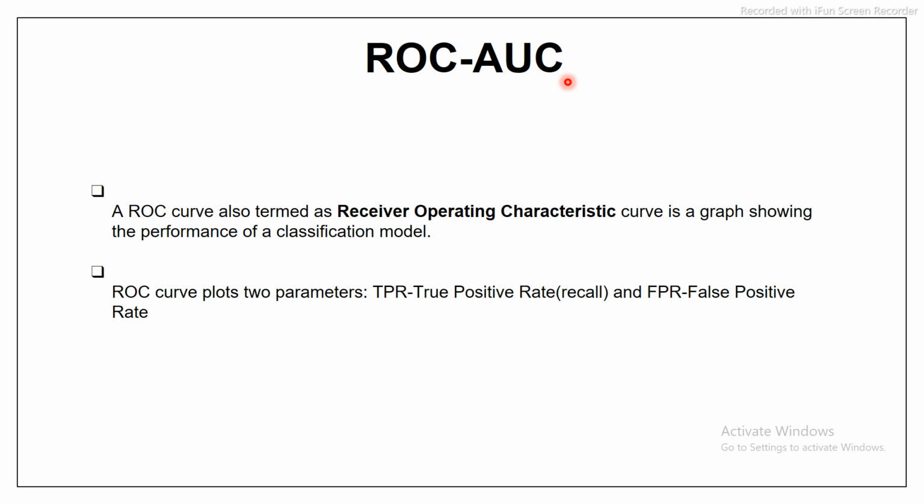ROC curves plot two parameters, true positive rate and false positive rate. So it's a graph between true positive rate and false positive rate, between X and Y. Sometimes it is also called area under curve.